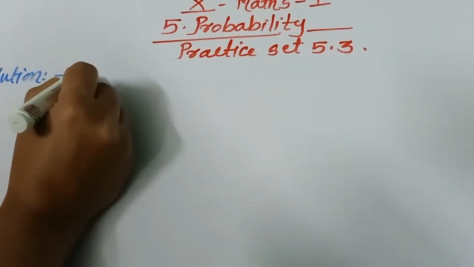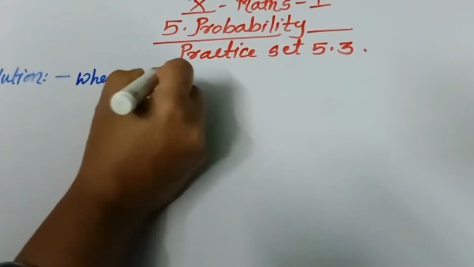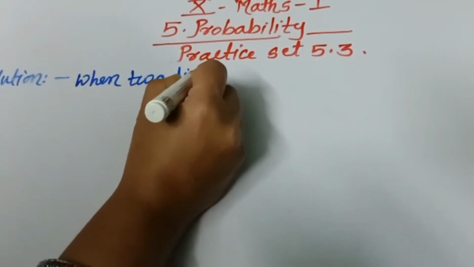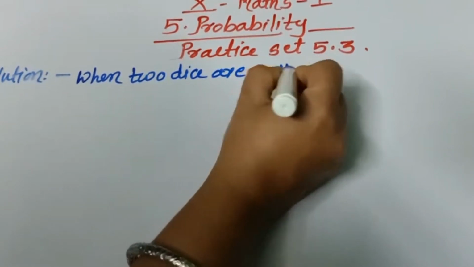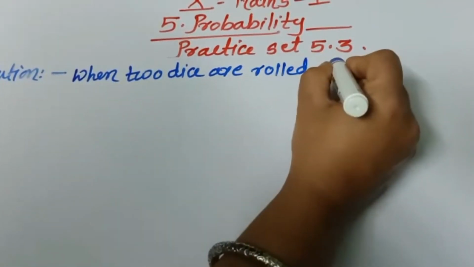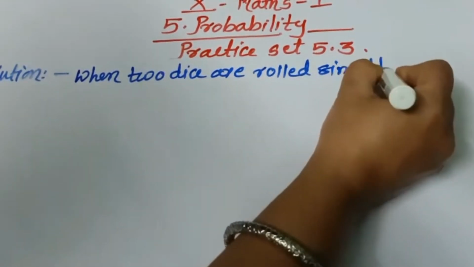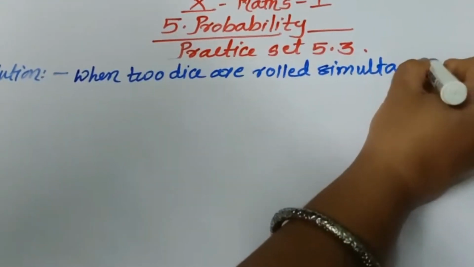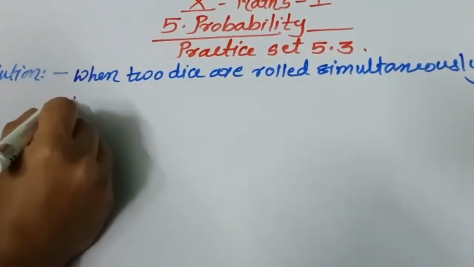So write: when two dice are rolled simultaneously.